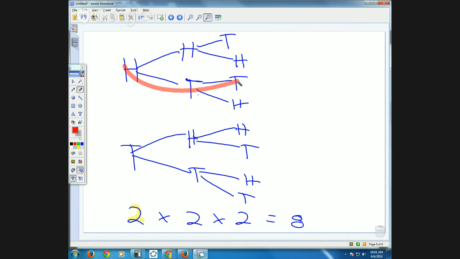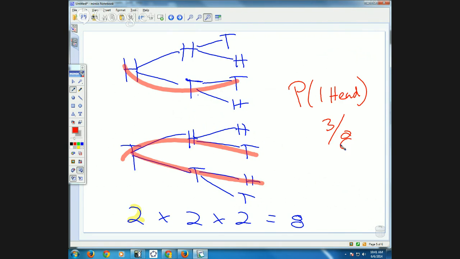And then we've got tail, head, tail there, and tail, tail, head. So there's 3 ways that can happen. So the probability of exactly 1 head, we found that there's 3 ways in our picture that can happen over 8. So that'd be the probability there.